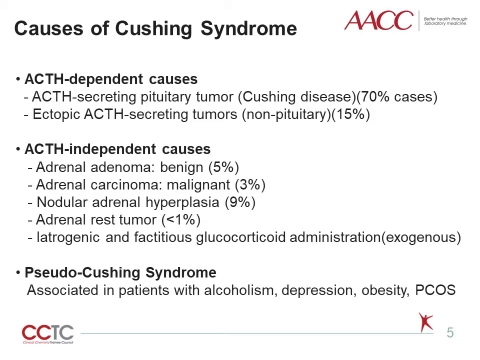A group of conditions such as alcoholism, depression, obesity, and polycystic ovary syndrome, associated with the clinical and biochemical features of Cushing syndrome, is called pseudo-Cushing syndrome, but the hypercortisolemia is usually secondary to other factors.